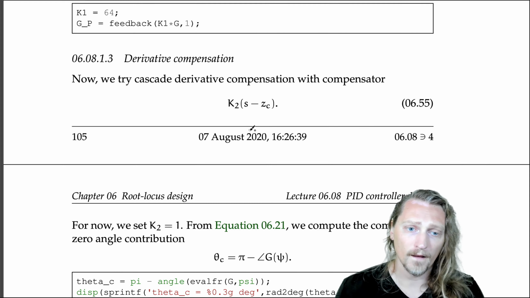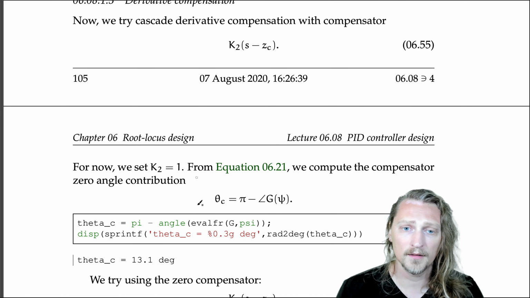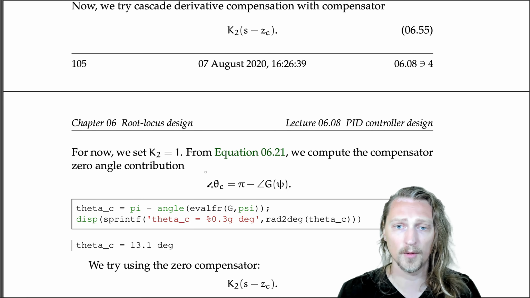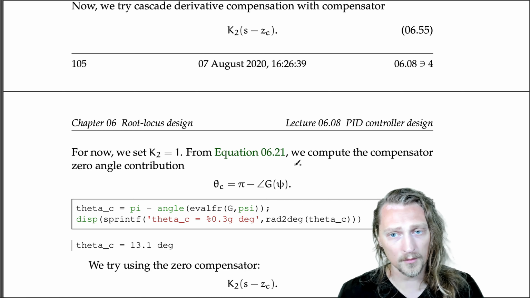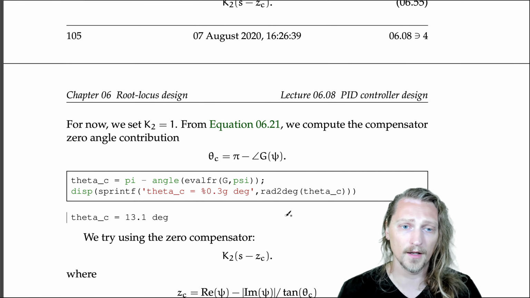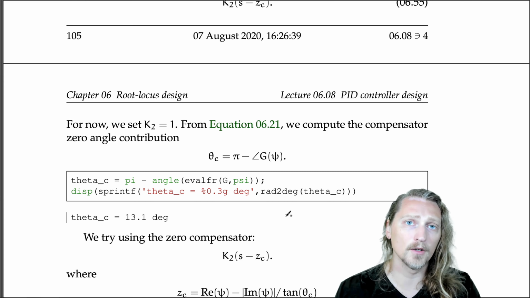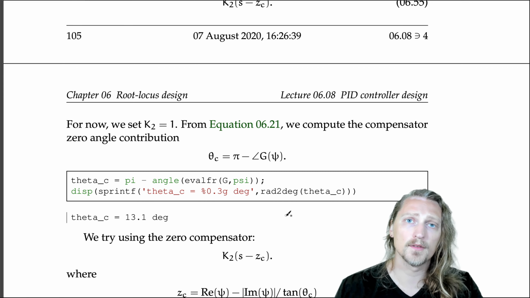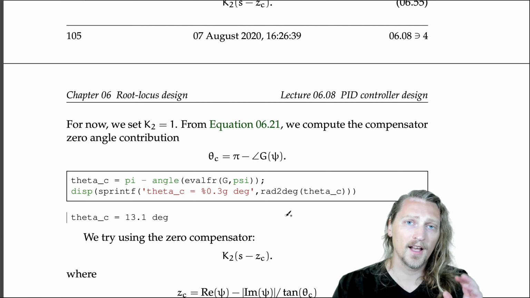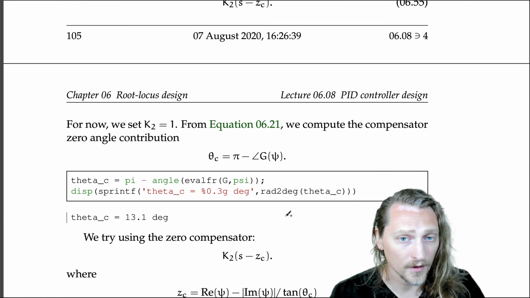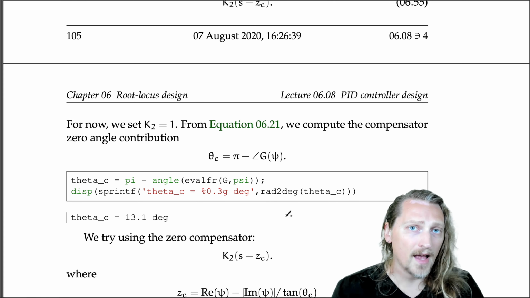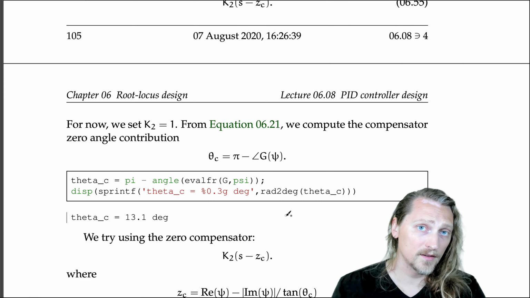For now, we set K2 equal to 1, and from equation 6.21, we compute the compensator zero angle contribution. This is the amount of angle that we need to contribute so that the angle criterion of the root locus is met at the design point.